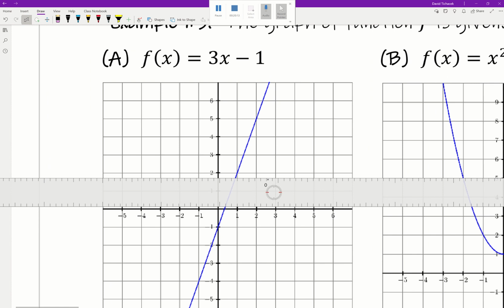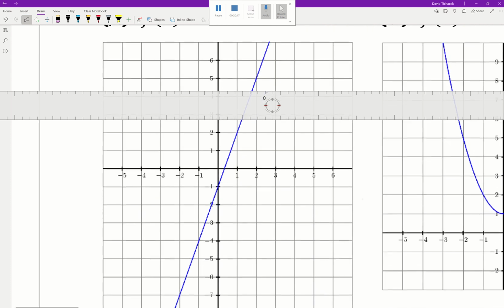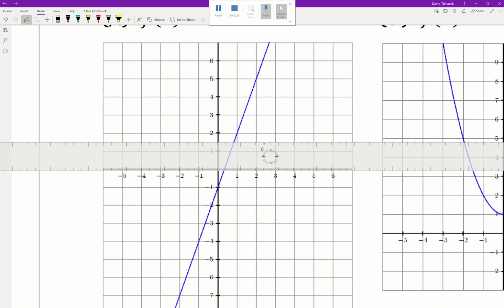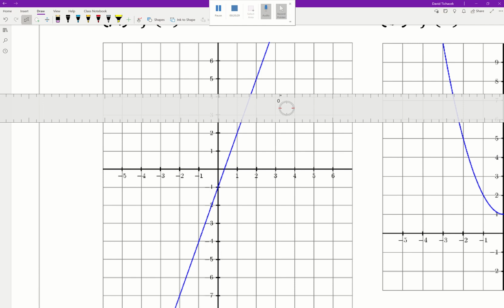And again, I already have my ruler here, and you're just going to take a look at the edge of the ruler. You could very simply do this with your pencil, just holding it horizontally and scanning it through. But you notice that no matter where I put this ruler on this graph, I can only ever get it to cross the graph in one place. If I left the ruler right there, the only place it's crossing the graph is right there.